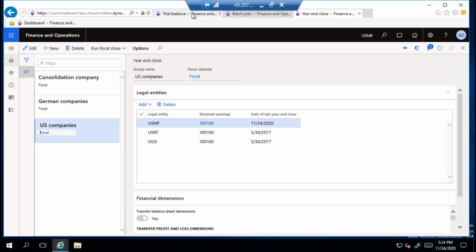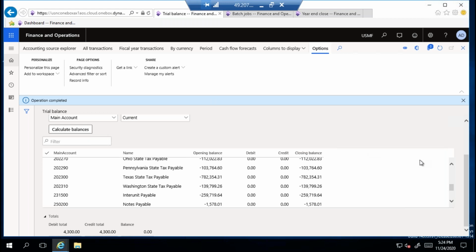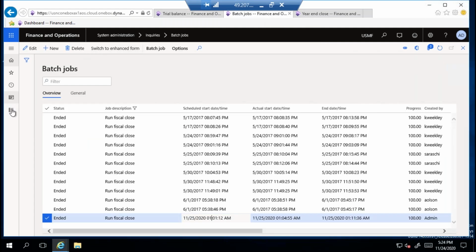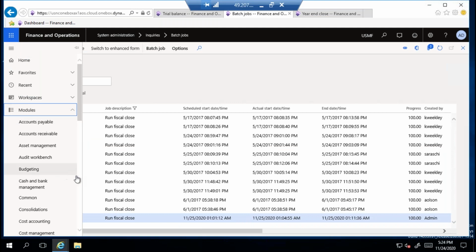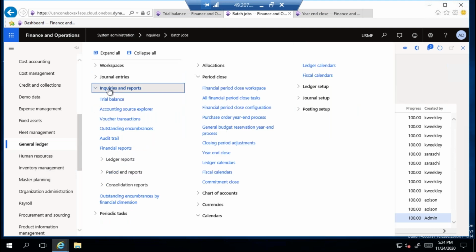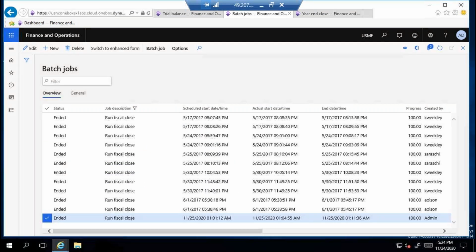Okay, so if you want, you can observe any one account. Suppose I'm going to, very first, I will take one more trial balance: general ledger, inquiries and reports, trial balance.